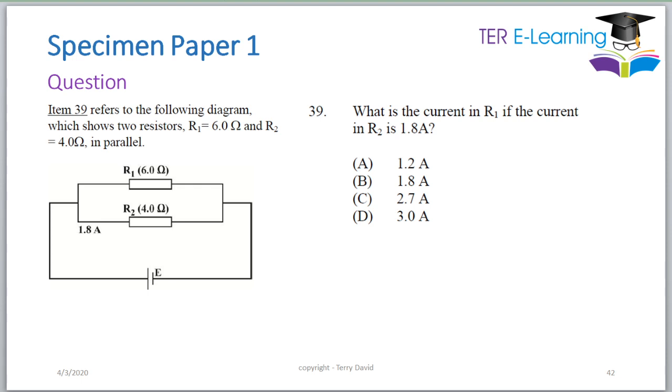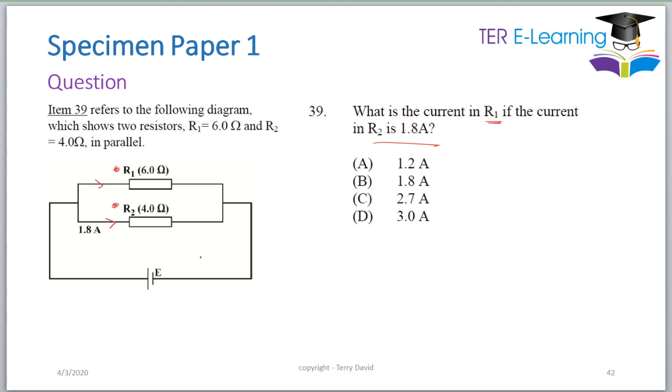Let's do number 39. Alright, so for this one here now, we have a circuit diagram. It's a parallel circuit, and they give us R1. R1 is 6 ohms, R2 is 4 ohms, and they want to know what is the current in R1 if the current in R2 is 1.8. So the current in R2 here is 1.8, and they want to know what this current is here.